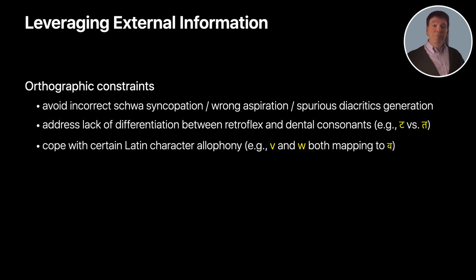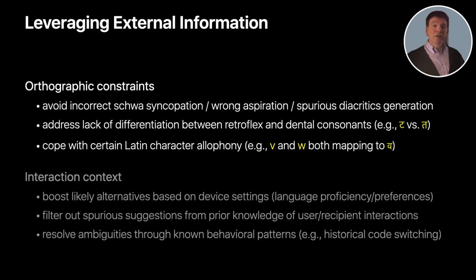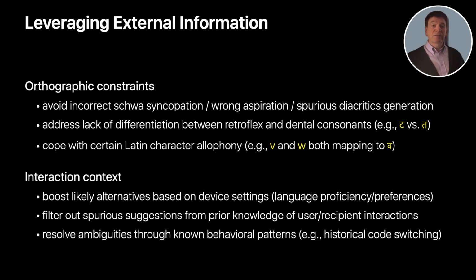It may also be possible to exploit non-linguistic information coming from the larger context in which transliteration takes place. For example, the user may be known from history to prefer a particular language when communicating with a given recipient. In that case, spurious token candidates in another language can be safely filtered out.